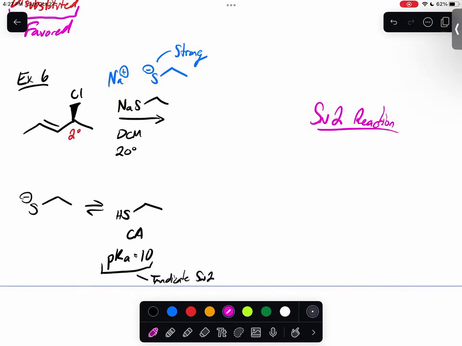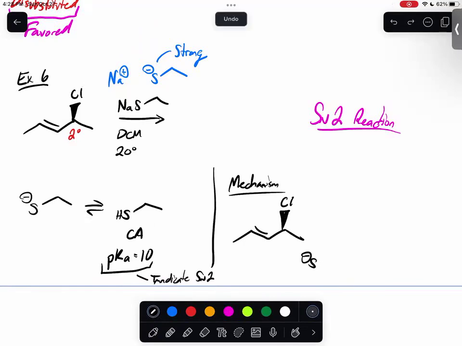Okay. So knowing that, what we're going to see for the mechanism, as is with all SN2s, the nucleophile, which in this case is our sulfide, so that sulfur with the negative charge, is going to come around. It's going to do a backside attack, displace our chlorine.